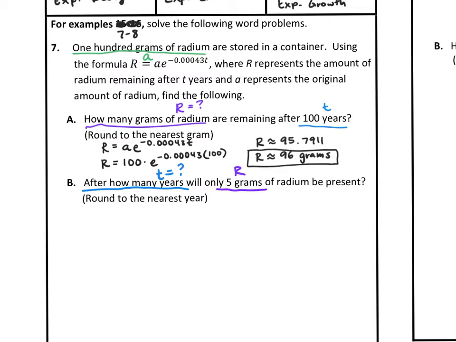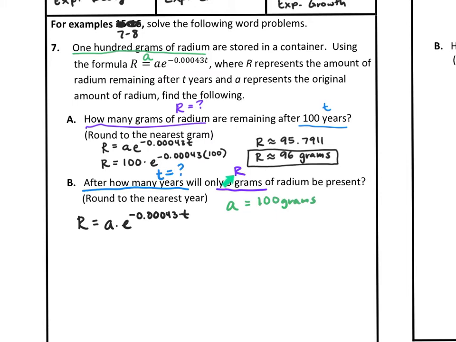So how many grams of radium did we start off with? 100 grams. So I don't want you to forget that. But we're still going to be using the same formula. R equals A times E to the negative 0.00043 times T. Okay, so let's plug in what we know.